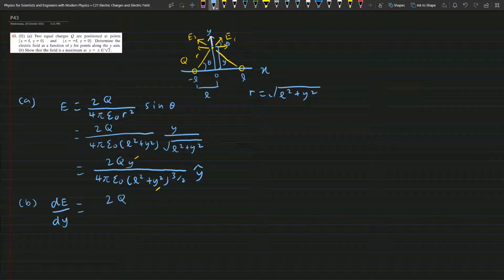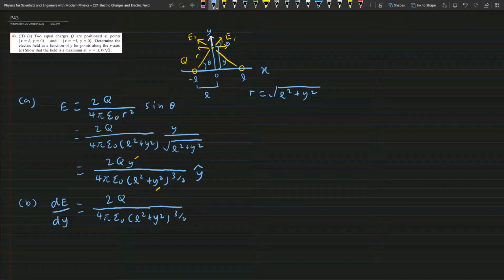First thing, we deal with this y, so this will be the 4 pi epsilon, and the rest should stay the same. And now for the second part of the product rule, we are going to deal with the factor at the denominator.